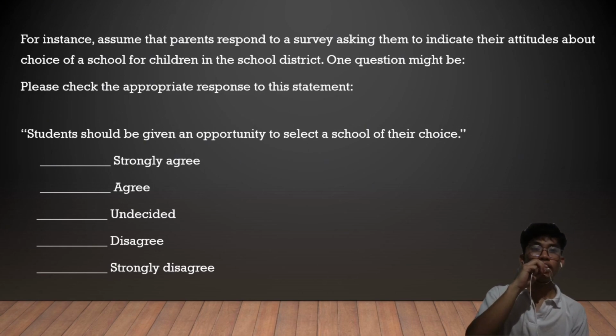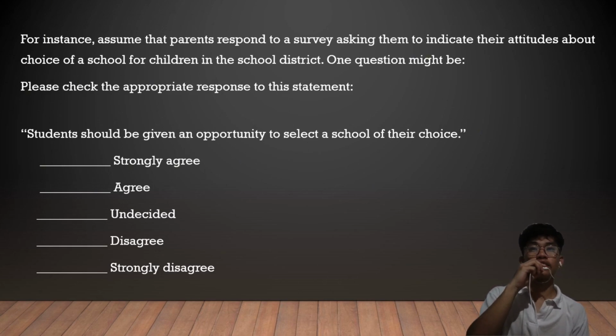What numeric score would you assign to the response? You will assign the same score to each person who checks agree. To analyze the data, you will need to assign scores to responses, such as 5 is strongly agree, 4 is agree, 3 is undecided, 2 is disagree, and 1 is strongly disagree. Based on these assigned numbers, the parents who checked agree would receive a score of 4.